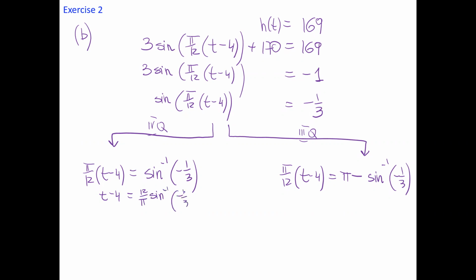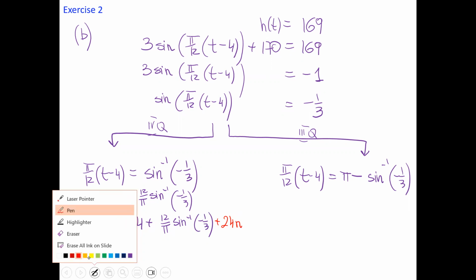So we get inverse sine of negative 1/3, and then add 4: 4 plus 12 over pi times inverse sine of negative 1/3. And the situation repeats every 24 hours: 24 times n, 24 times 1, then 24 times 2, and so on.